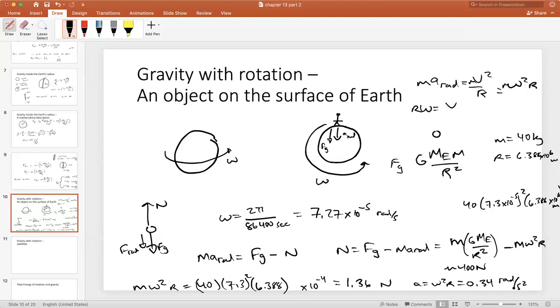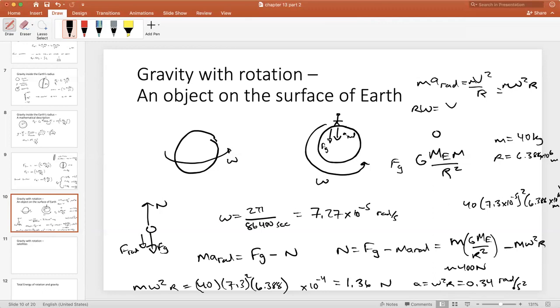And just bear in mind that 9.81 meters per second squared, if I divide by the radius, 6.388, I'm sorry, 9.81 divided by 6.388 is 1.5 times 10 to the minus 6-ish, would be the angular acceleration.